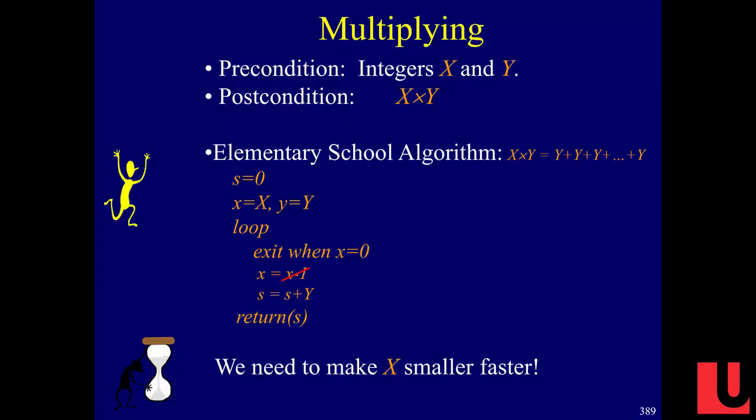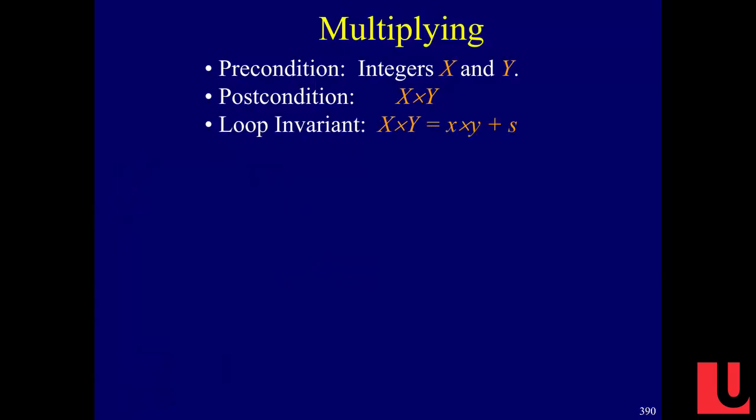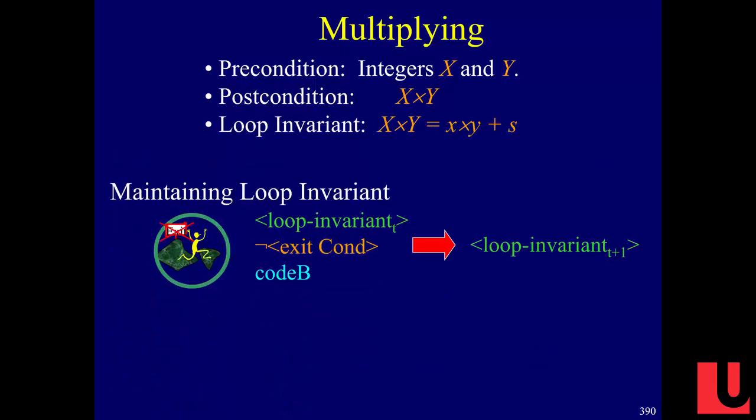All right? So we're going to develop a new algorithm in which we divide by 2. We're going to start all over again. Now, do we have to change how we establish the loop invariant or how we get the postcondition? We're not changing that. We're just changing this part.